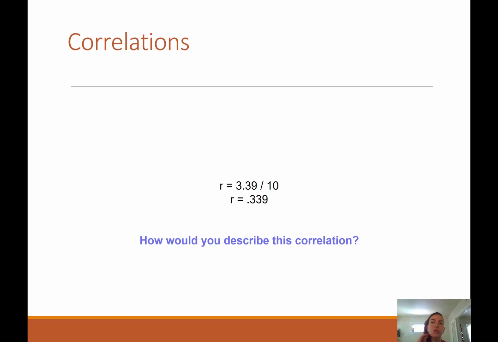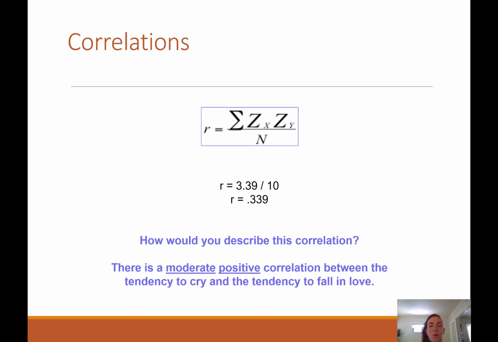But we tend to think of anything above 0.5 or 0.6 in psychology as being a pretty large correlation. Anything in the range of about 0.3 to 0.4, 0.5 being a moderate correlation, and something smaller than that being a small correlation. So like I just said, this is a moderate positive correlation between the tendency to fall in love and the tendency to cry.